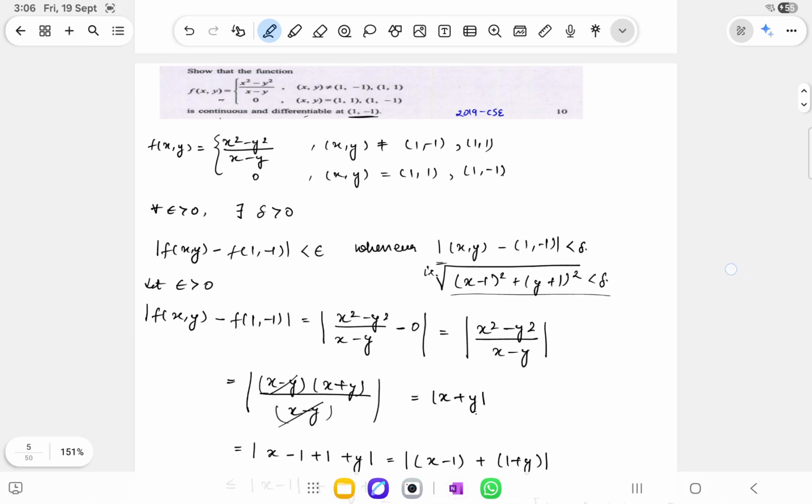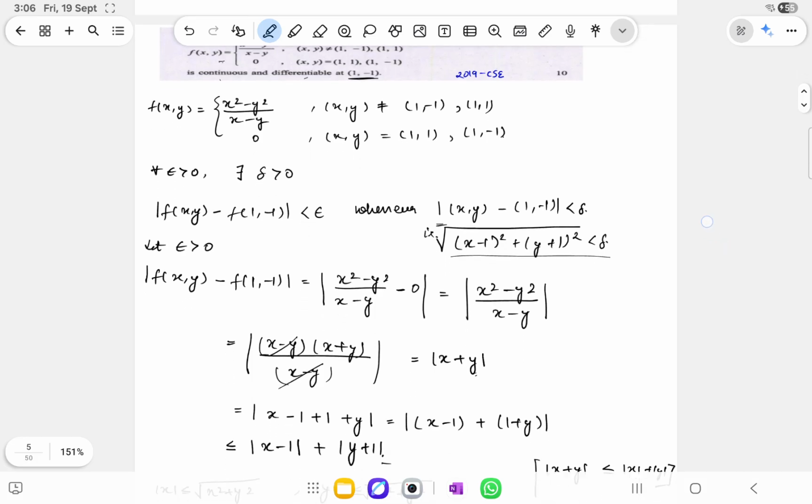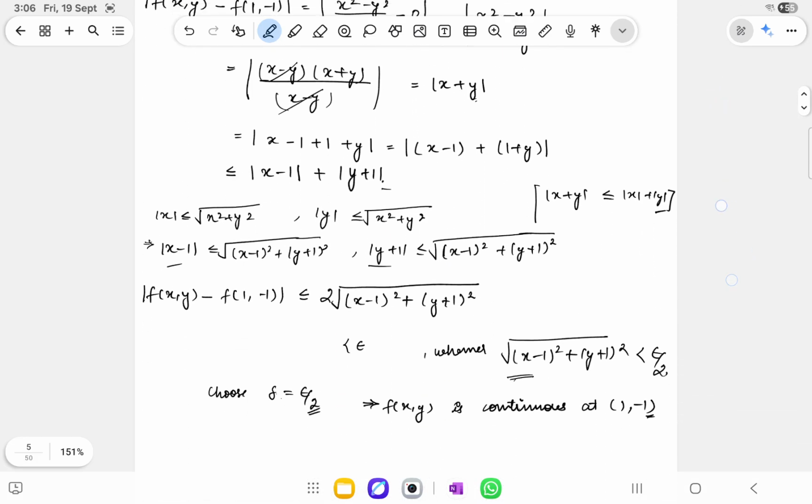So let us check its differentiability at (1, -1).